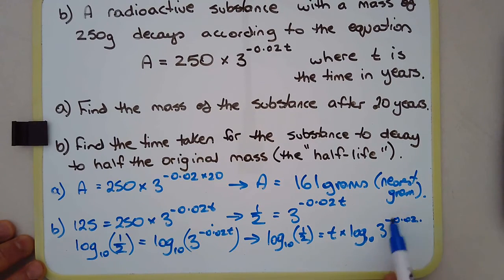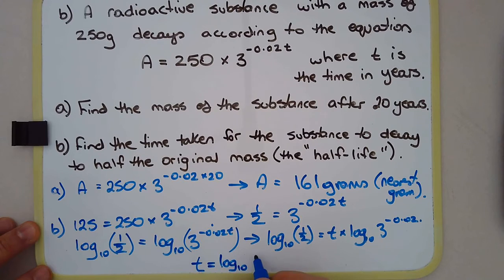You might take the entire power out the front, but we can take part of the power out and it'll still work. So let's divide both sides now by log base 10 of 3 to the negative 0.02. So t is equal to log base 10 of half divided by log base 10 of 3 to the negative 0.02.